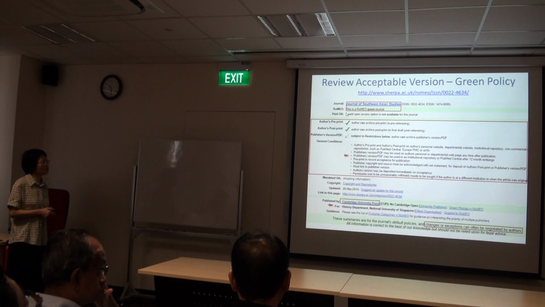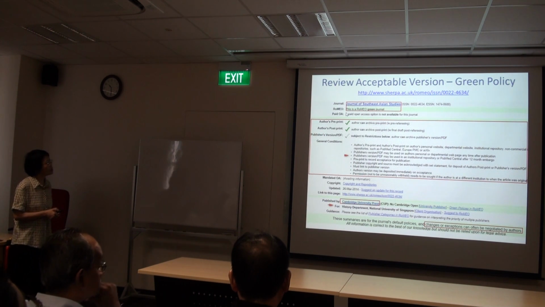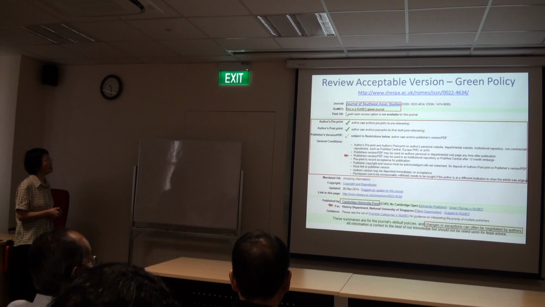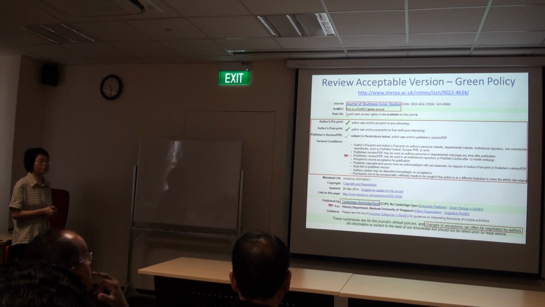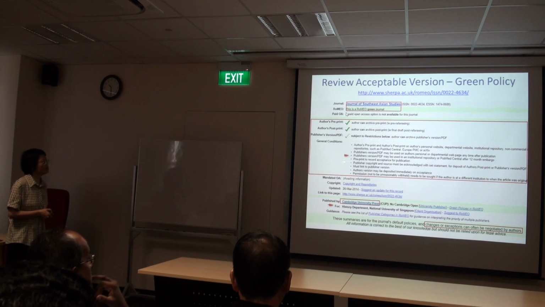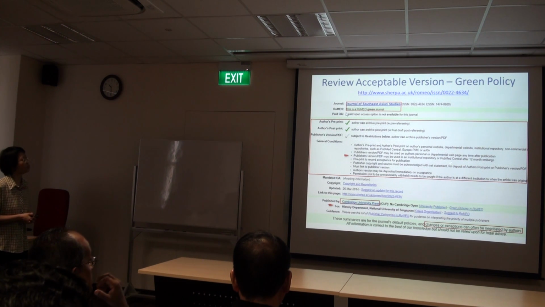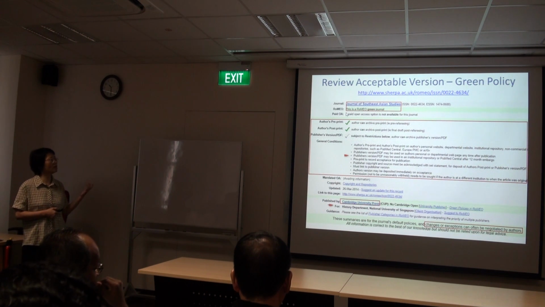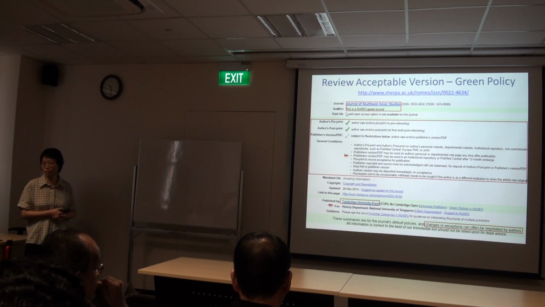It is a journal with a green archiving policy, which means that we can deposit the author preprint edition, or rather the preprint edition, as well as the post-print, right? And for the published version, it is subject to certain conditions. We want to highlight this. For institutional repository, we can have it there only after 12 months for public use.